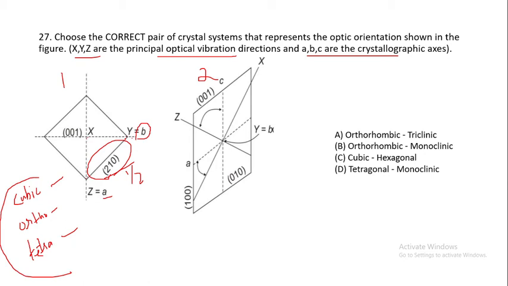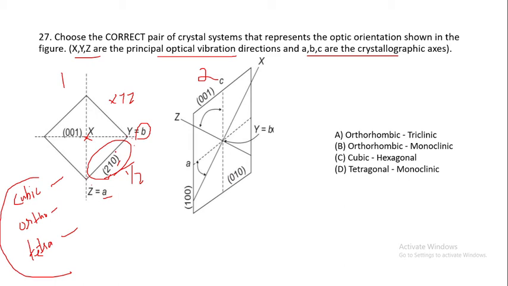Then what we can do? It is not intercepting at C. C intercept is not there. Half value of B, and it is not intercepting at C. So all of these intercepts at X, Y, Z are not the same; all those intercepts are different.